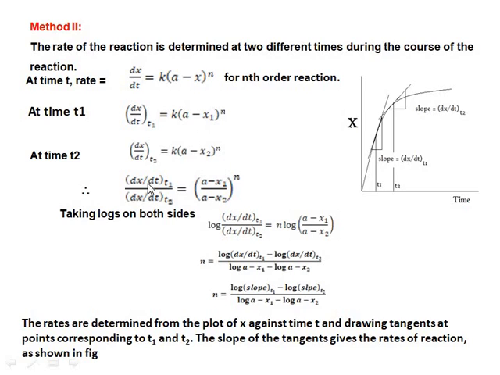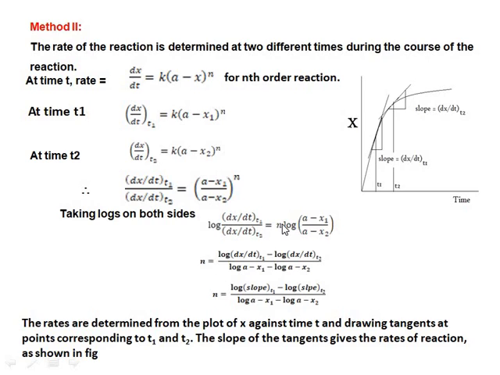Combining those equations, we get (dx/dt)t1 upon (dx/dt)t2 is equal to, k will be cancelled, therefore (a minus x1) upon (a minus x2), n being common, raised to n. By taking the logarithm on both sides, we get log of (dx/dt)t1 upon (dx/dt)t2 is equal to, according to the rule of logarithm, n log of (a minus x1) upon (a minus x2).